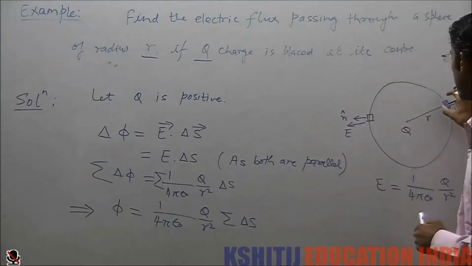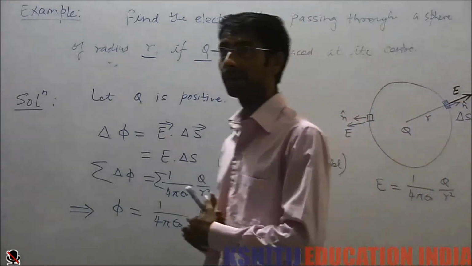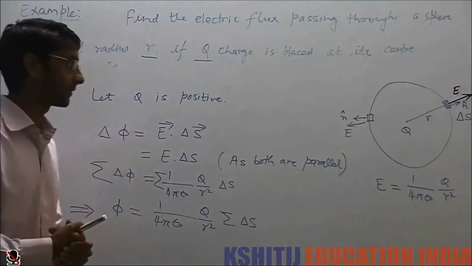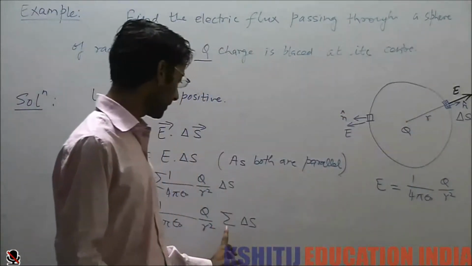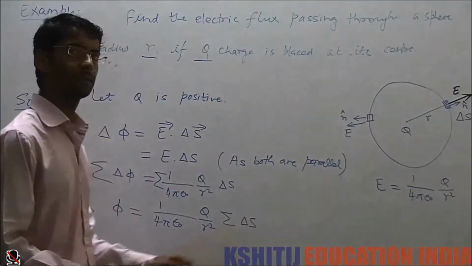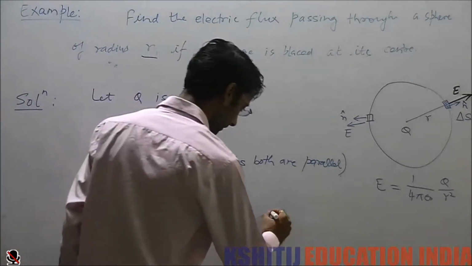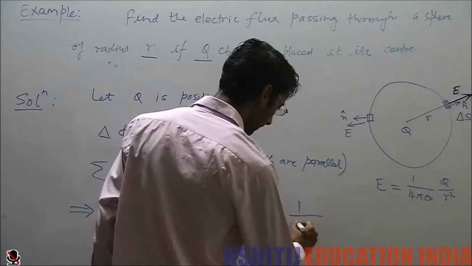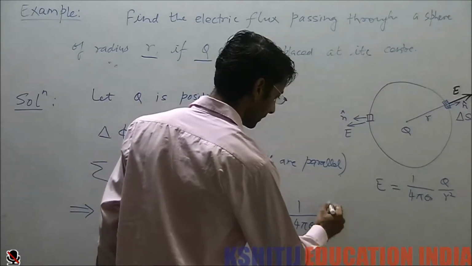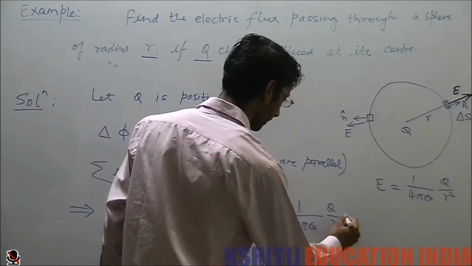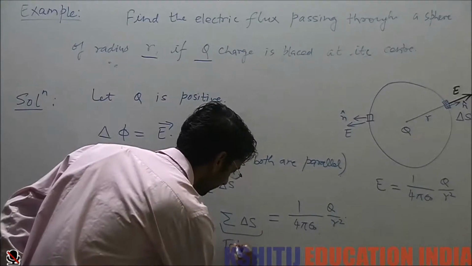If we sum all these differential surface areas, ultimately we will have the total surface area of this sphere. So instead of this, we will be writing total surface area. So this will be 1 upon 4 pi epsilon naught, the charge by r square, and this will become the total surface area.